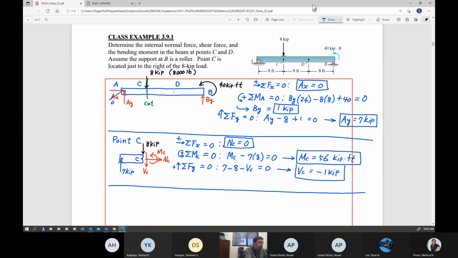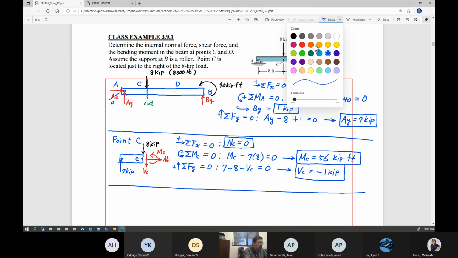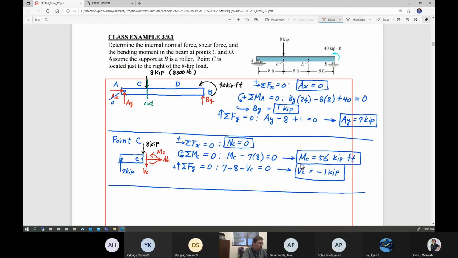So anyways, the important discovery so far is, internally speaking, bending moment and shear are developed at point C. Those are internal. This is bending moment.